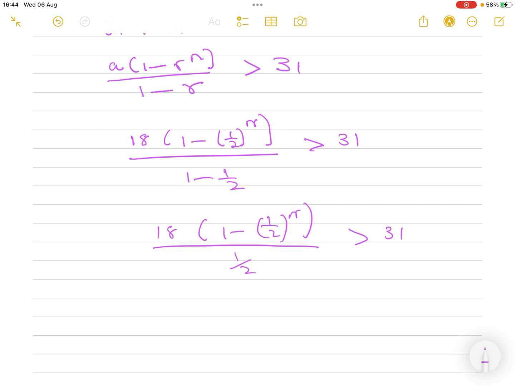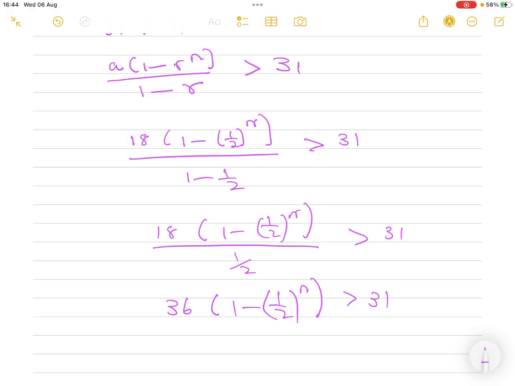When you say 18 divided by half, you will get 36. So it is 36 times 1 minus half to the power of n greater than 31.